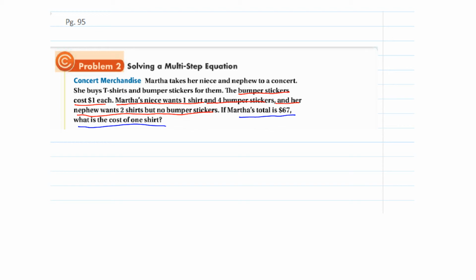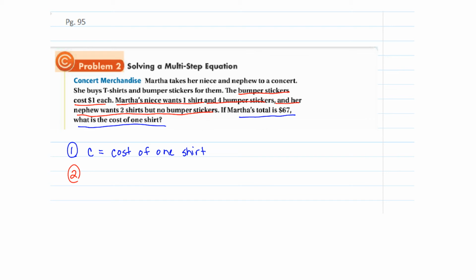So first, what is it asking me? Cost of 1 shirt. So I'm going to let that be my variable. Let C equal the cost of 1 shirt. Now I'm going to write my equation using that variable C. Martha takes her niece and nephew.